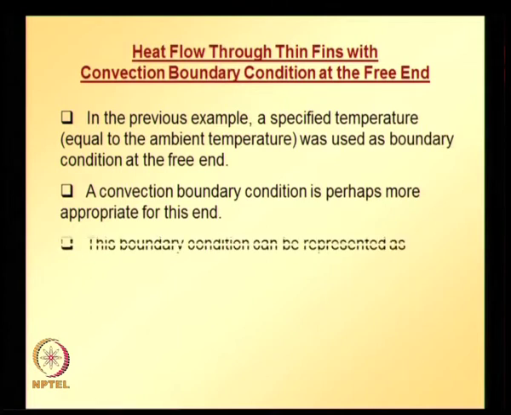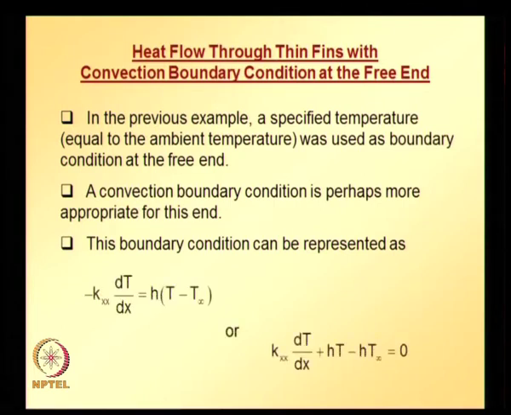This boundary condition can be represented as the convection boundary condition. So, instead of T4 being specified as an essential boundary condition, if T4 is specified as a natural boundary condition, then the element equations are going to change a little bit.